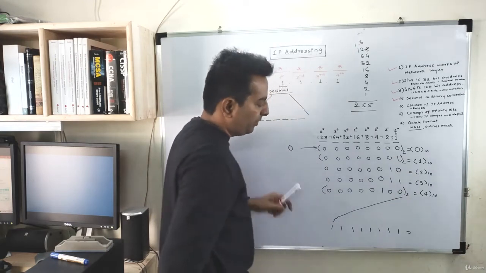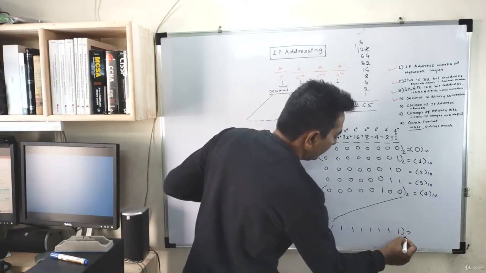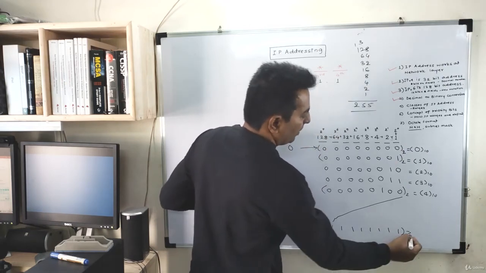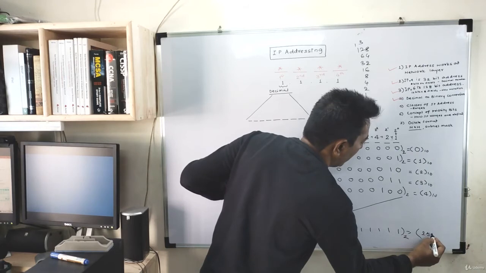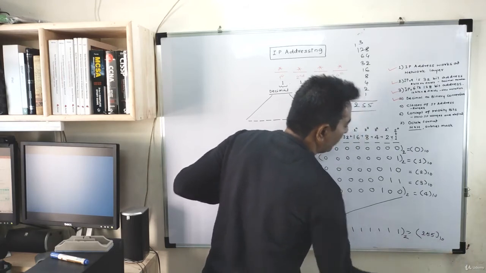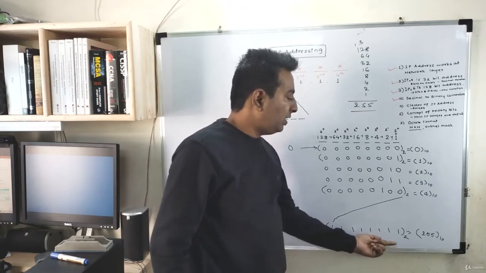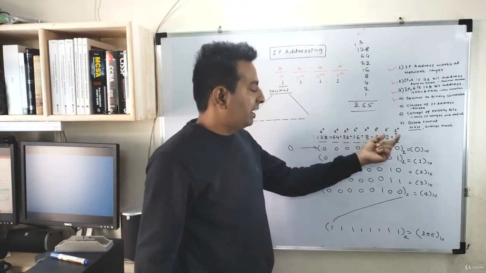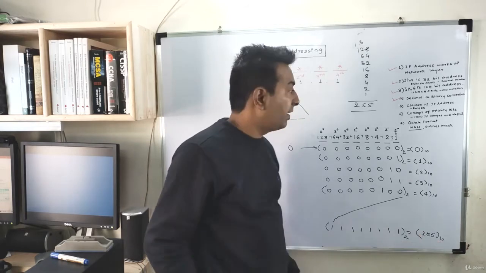And now if you make all these bits 1, the binary number will give you a decimal number of 255 to the base 10. It means if you convert all these bits into ones, it is going to give you a number of 255.